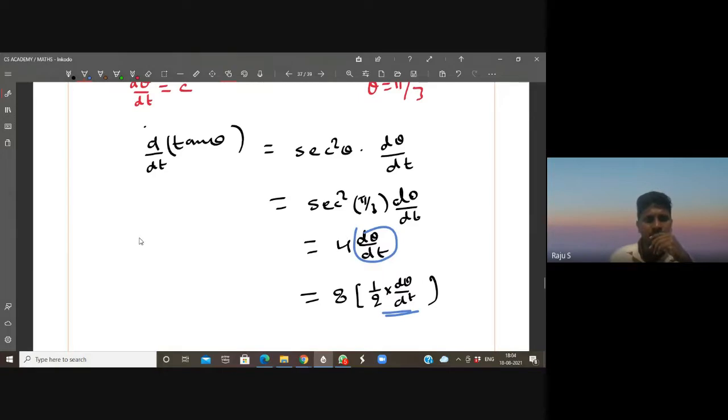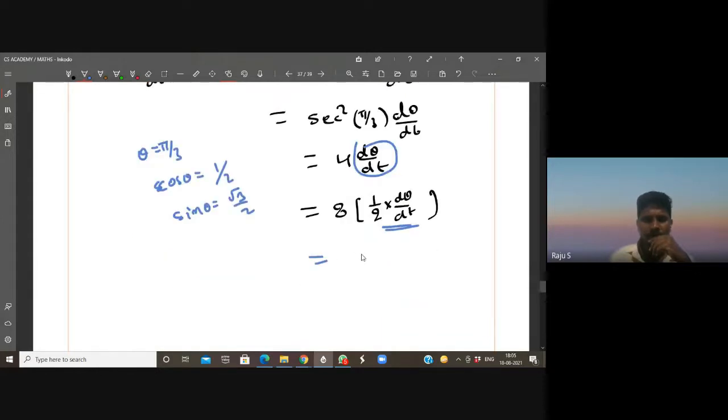What about d theta by dt? For example, here theta value they have given pi by 3. Students, what about cos theta when theta is equal to pi by 3? 1 by 2. Sin theta is root 3 by 2. Am I right?